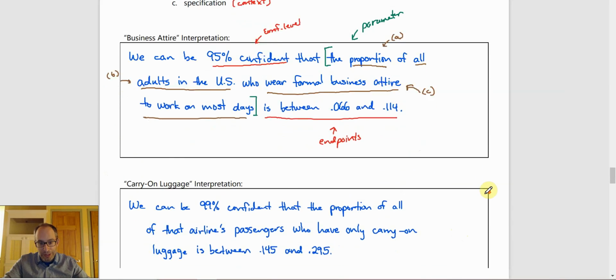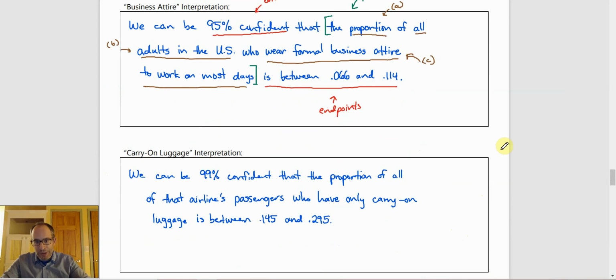And then there's another one in here, right? So then here, once again, the parameter is most of the writing. And notice it's the same stuff. The type of number is the proportion. All that airline's passengers is the population. And then having only carry-on luggage is the context.